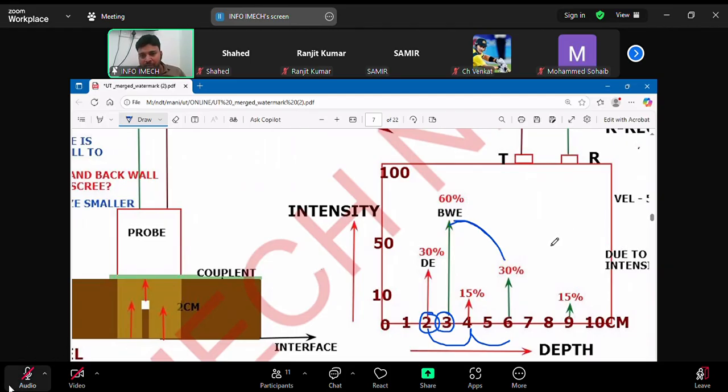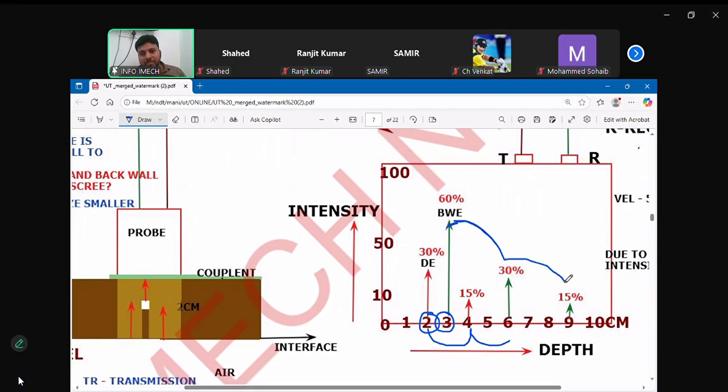Am I correct or not? Back wall 3, reflections 6 and 9. Defect 2, reflection echoes 4, but the third one should come at 6. So that means at the same location, 6, two echoes have to come: one is the back wall reflection, another one is the defect reflection.